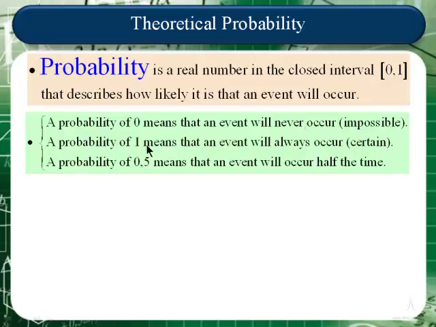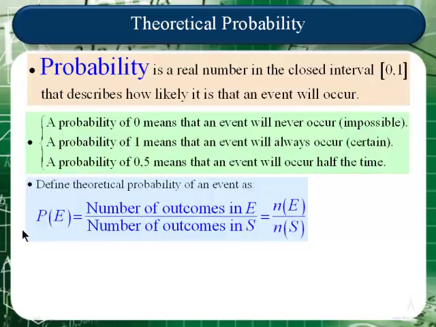A probability of 1 means that an event will always occur. So in other words, it's absolutely certain. While a probability of 0.5 or 50% means that an event will occur half the time, or there is a 50-50 chance that it may occur.